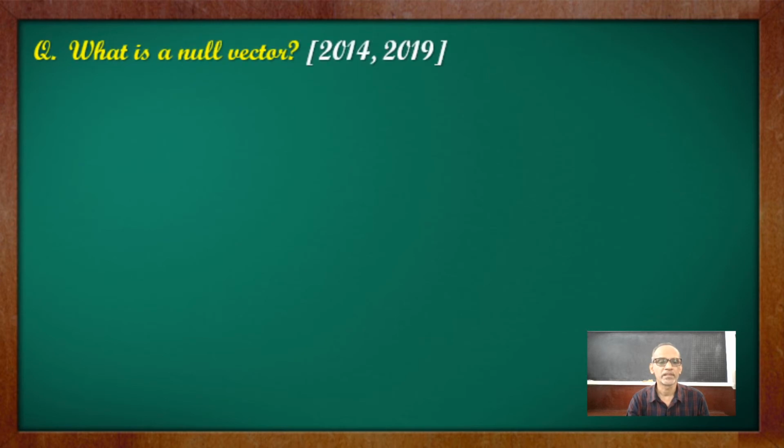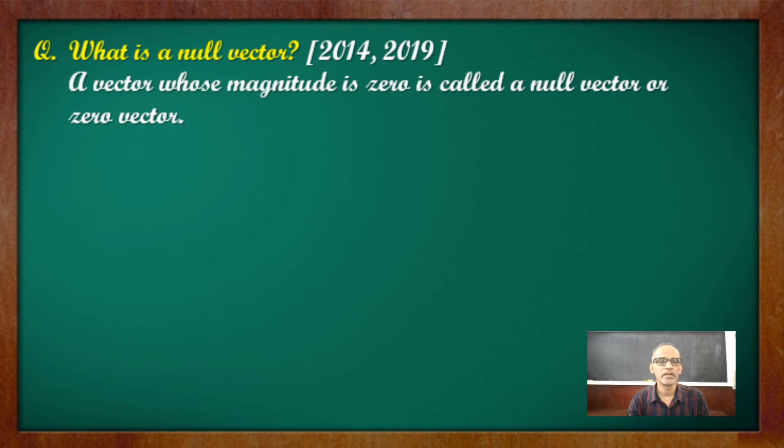What is a null vector? The meaning of the word null is nothing, zero, or nil. So, a vector whose magnitude is zero is called a null vector or a zero vector. For example, if the net force is zero, then we can call that a null vector.